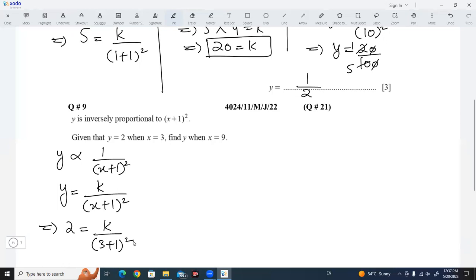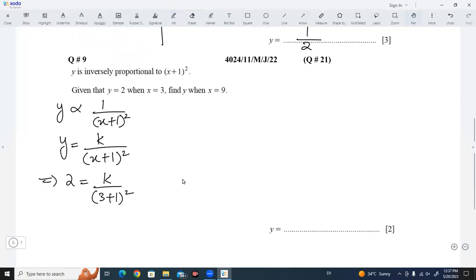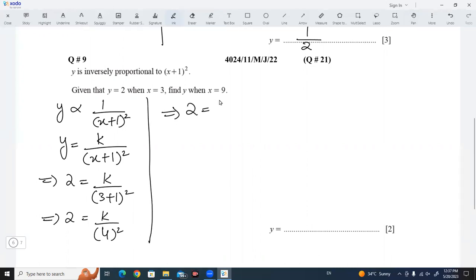So addition will be done first and then cross multiplication. So what it becomes, 2 equals to k over 3 plus 1 is 4. So square of 4. Square of 4 is 16. So 2 equals to k over 16. Now cross multiply. 2 times 16 results in 32. So 32 is the answer for k.